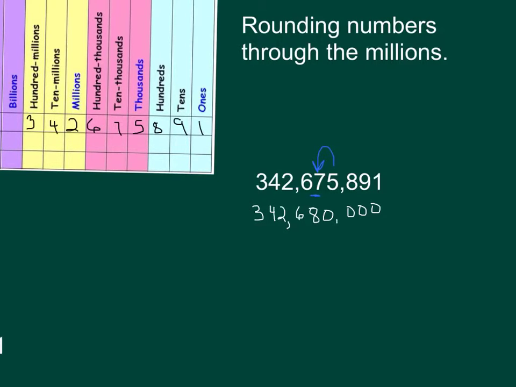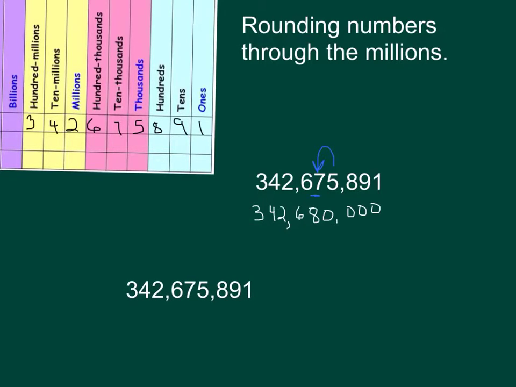So therefore, to round 342,675,891 to the nearest 10,000s place, our rounded number is 342,680,000. We don't have to worry about the rest of it because it's turned to zeros and there's nothing we need to say. So let's try another using the same number.